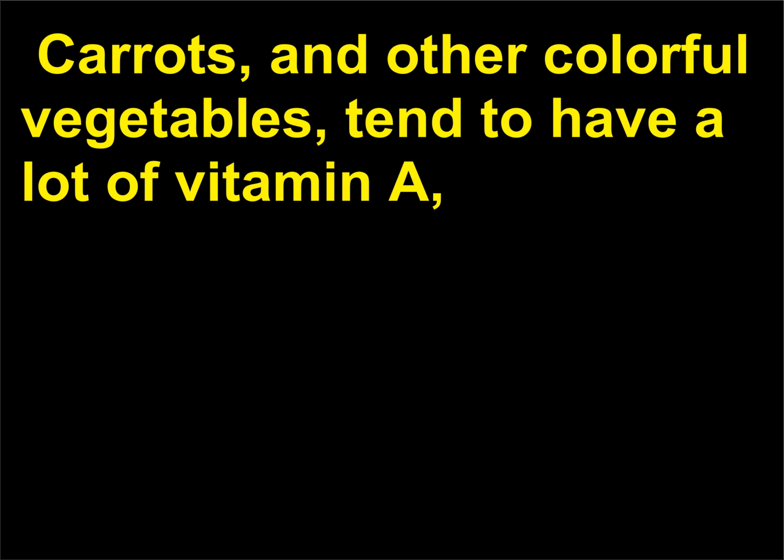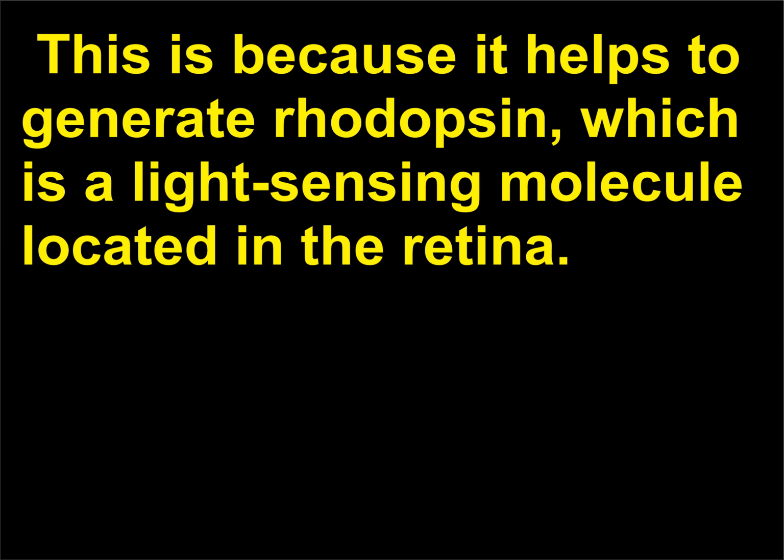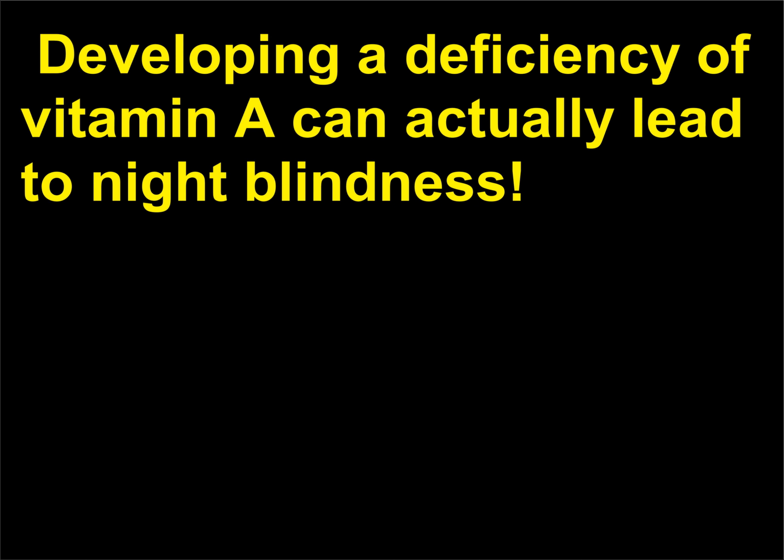Carrots, and other colorful vegetables, tend to have a lot of vitamin A. And vitamin A helps the retina to stay healthy and working well. This is because it helps to generate rhodopsin, which is a light-sensing molecule located in the retina. Developing a deficiency of vitamin A can actually lead to night blindness.